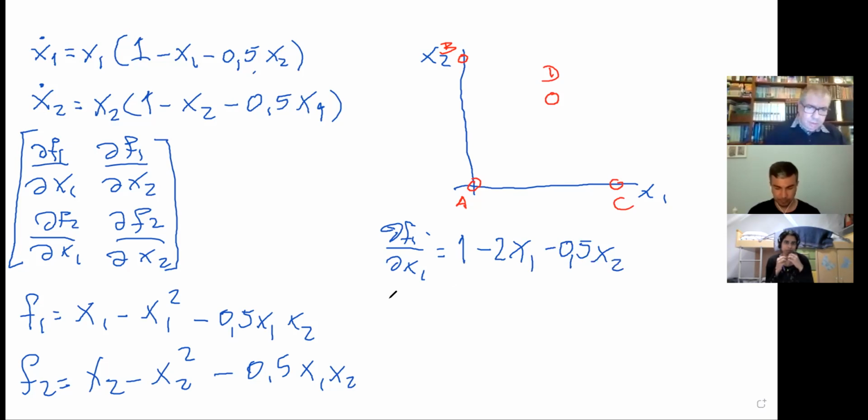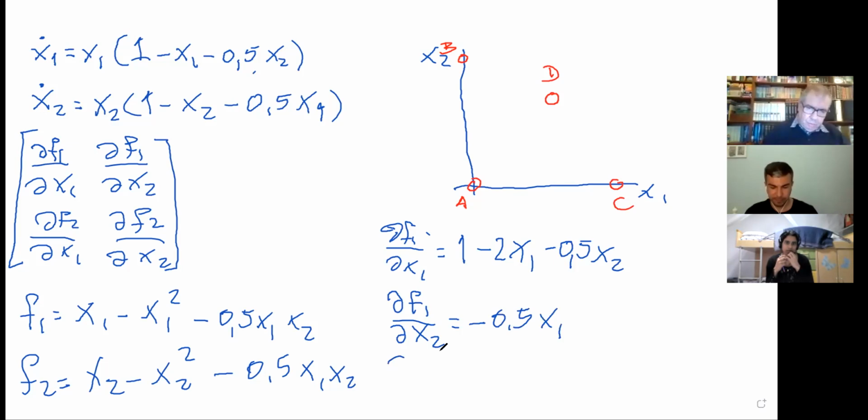Okay. Now df1 dx2. Yes. So the first term 0. It does not depend on x2. The second term 0, and the third term minus 0.5 x1.